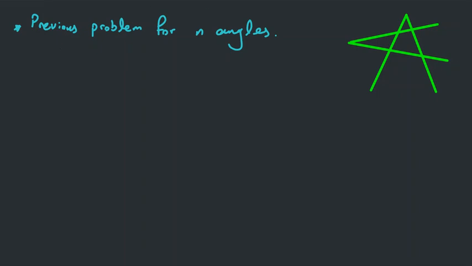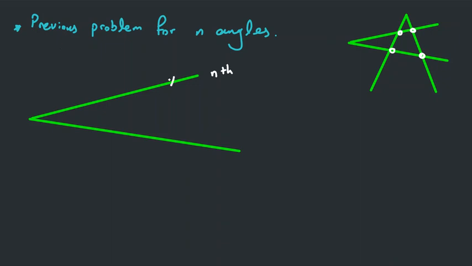You can see the maximum number of intersections equals 1, 2, 3, 4. And now, when you want to draw, you want to see the effect of the nth angle. So you should see how many intersections there are on the nth angle. It intersects each of the previous angles in 4 points. So it will be 1, 2, 3 to 4 times n minus 1.